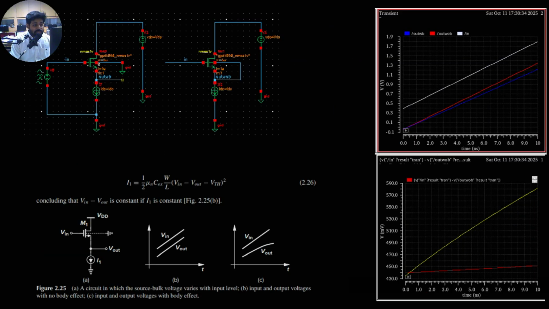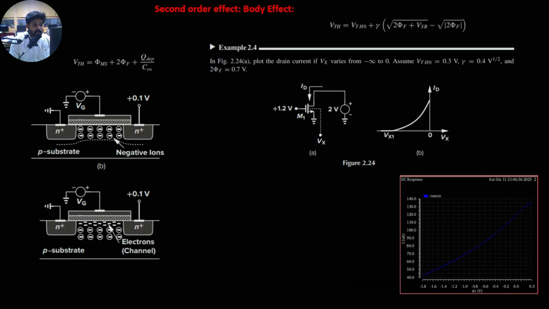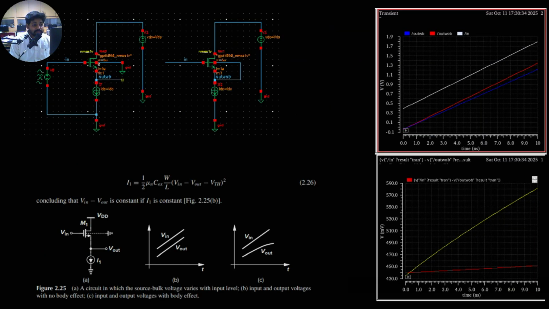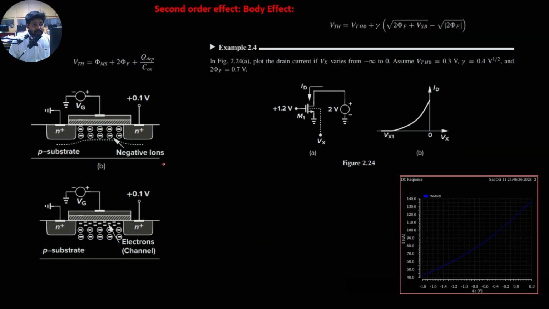So what does it mean? We'll explain the transistor body effect first. We will discuss the body effect first, then we will see in circuits how the body effect creates an issue. So first of all, what is the reason why we are getting the body effect?